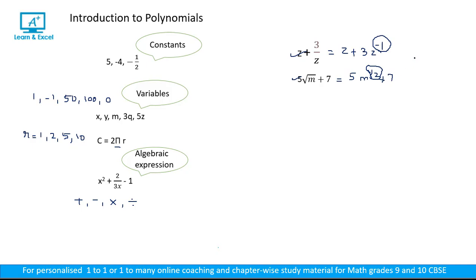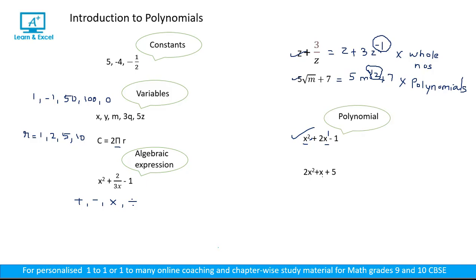So both of them are not whole numbers and so they are not polynomials. They are algebraic expressions. But if we have x square plus 2x minus 1, this is a polynomial. This variable x has power 2, this variable x has power 1. The powers of the variables are whole numbers, so this is a polynomial.